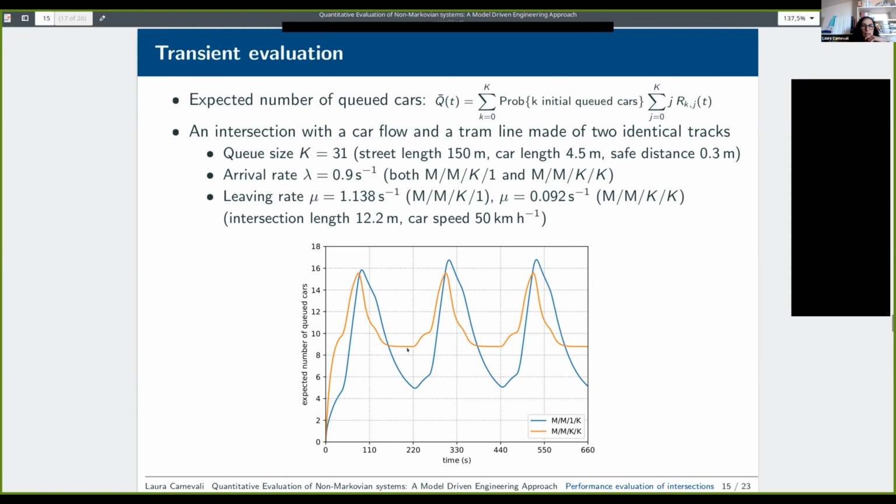And this is mainly due to the fact that the multiple server semantics makes the queue fill and empty earlier, and so in the end the peak to trough amplitude is lower than in the case of the MM1K model.